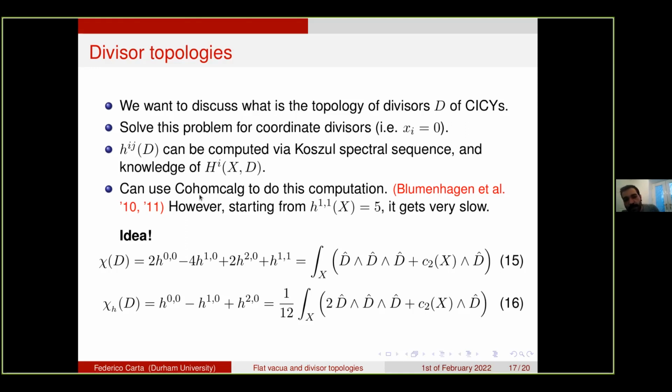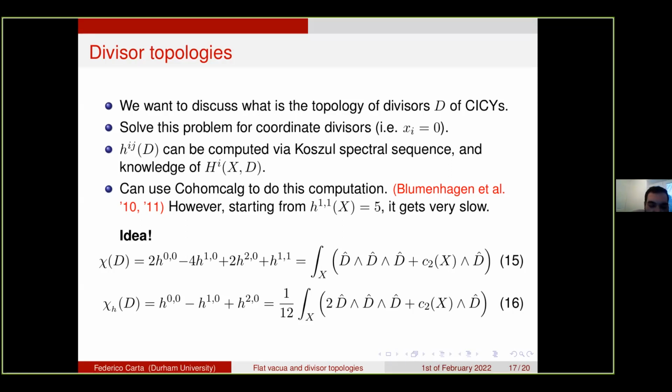There is a program called CohomCalg by Blumenhagen et al., which can do this computation, as well as other programs like pyCICY by Magdalena Larfors and collaborators. Anyways, all these programs become very inefficient as soon as you increase h11. We are talking about days of computation to get just one Hodge number for a divisor.